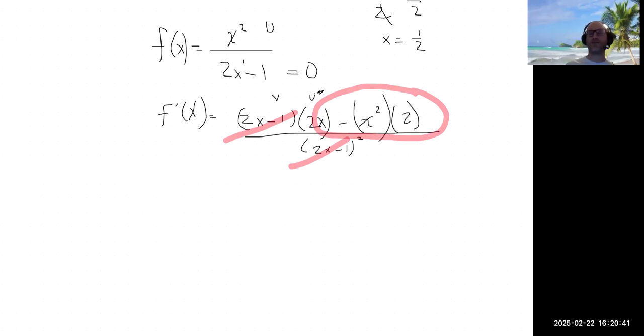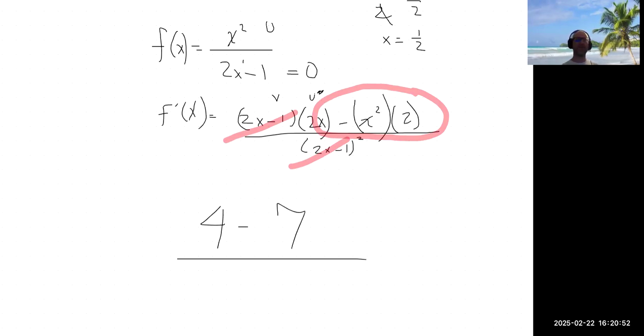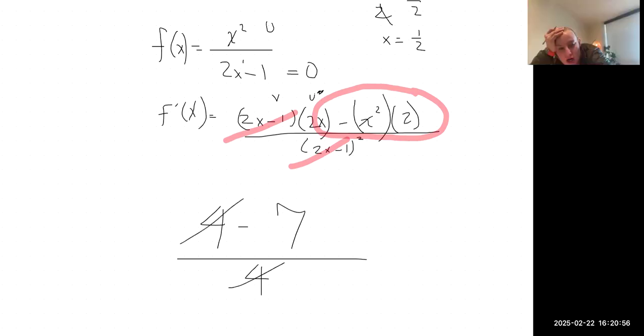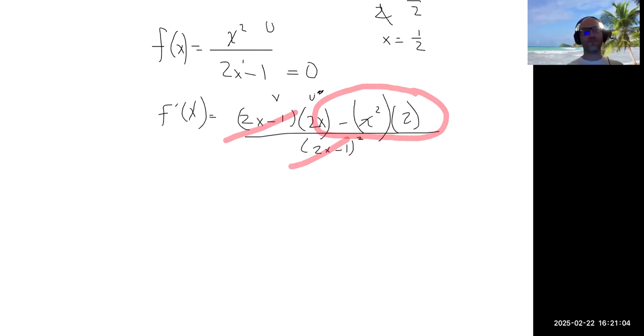If we cancel that from the first two, that would be sort of like doing this: what if we had a 4 minus 7 divided by a 4? We can't just cancel those out, because it's attached to something. It's all in an invisible set of parentheses.